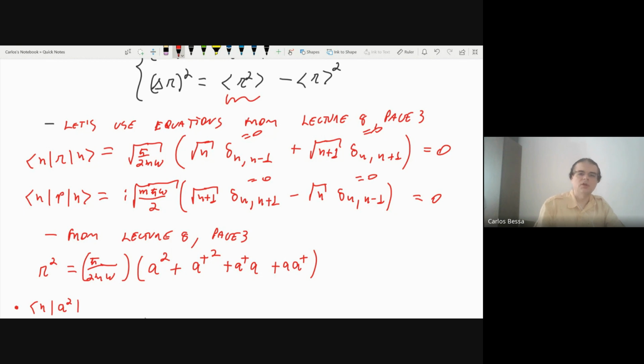Can do it in one line. For a squared, we need to use these properties here. I'll put here that we need to use that a to the n is this, n minus 1, and a dagger to the n is n plus 1.